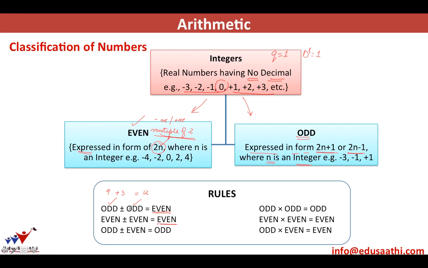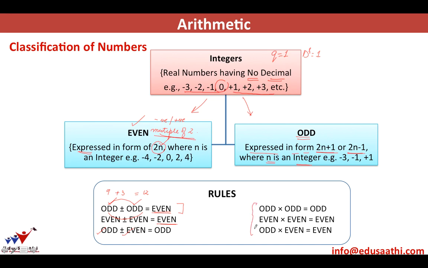So if you add or subtract two similar numbers, both odd or both even, you will always get an answer which is even. But if you take one odd and one even and you add them or you subtract them, the answer that you will get would be an odd number.